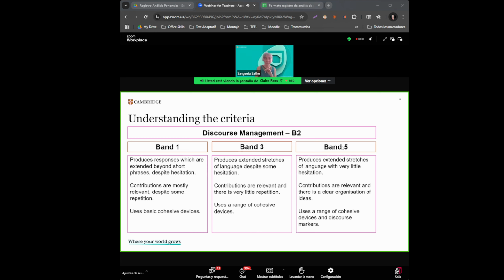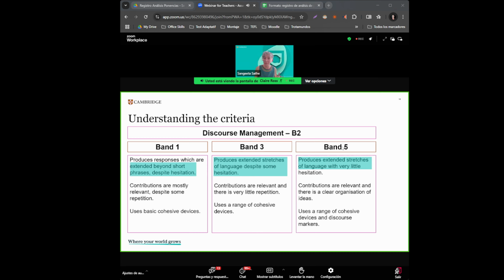It covers 4 main areas, which is extent. Now, an extended stretch will depend on the task. Thinking about B2 First, in part 1, that might be a couple of sentences to answer the question and give a reason or an example.